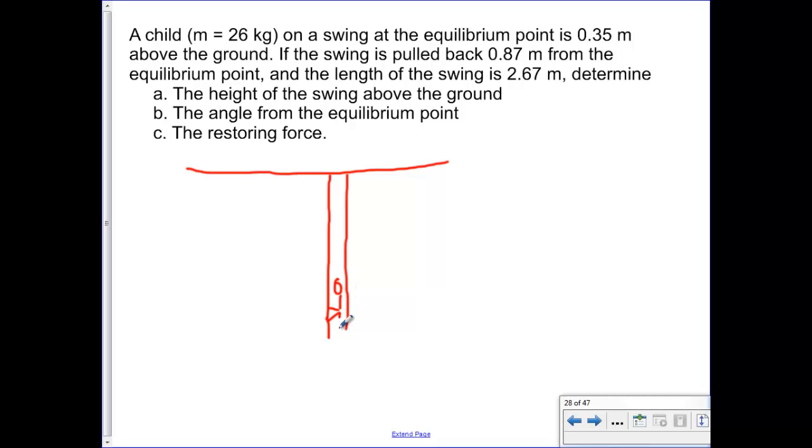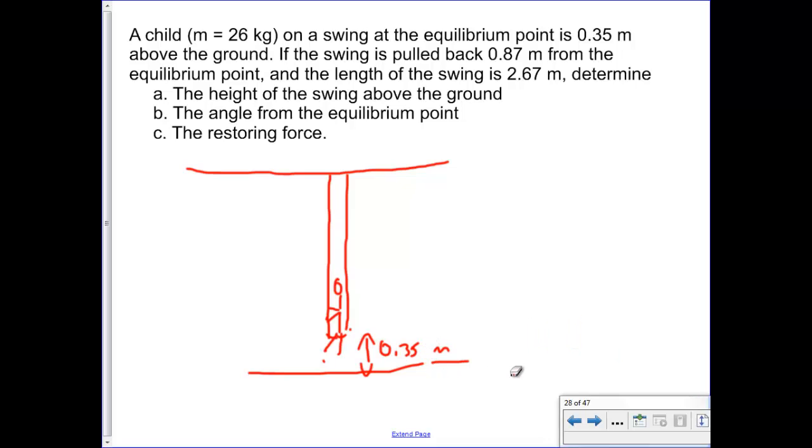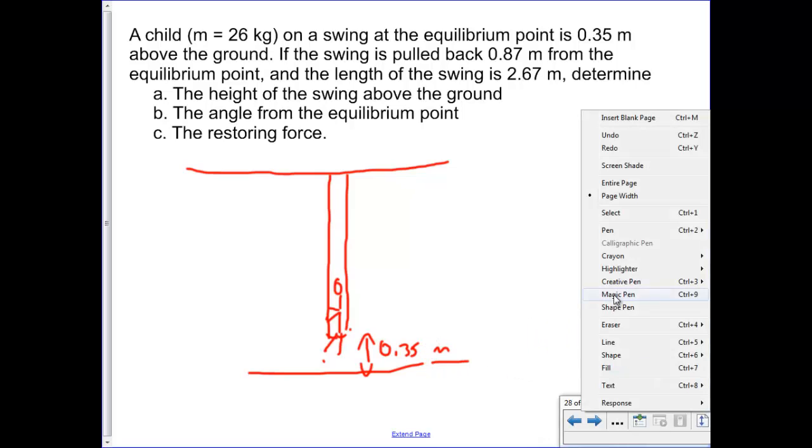Kinsey is swinging, swing thing there, and she starts off 35 centimeters above the ground. Oh, thank you. So 35 centimeters, but this guy should be meters. Thank you. My bad.